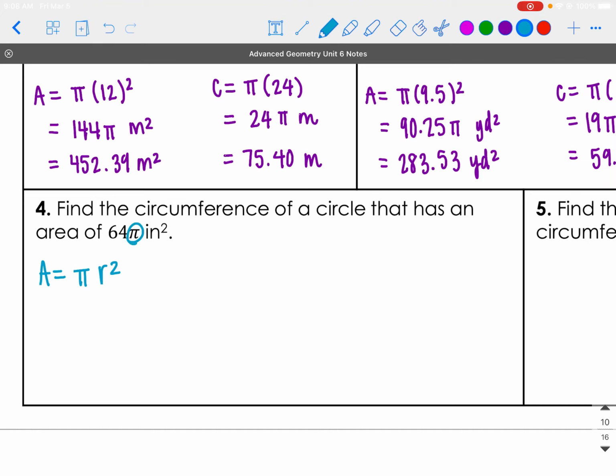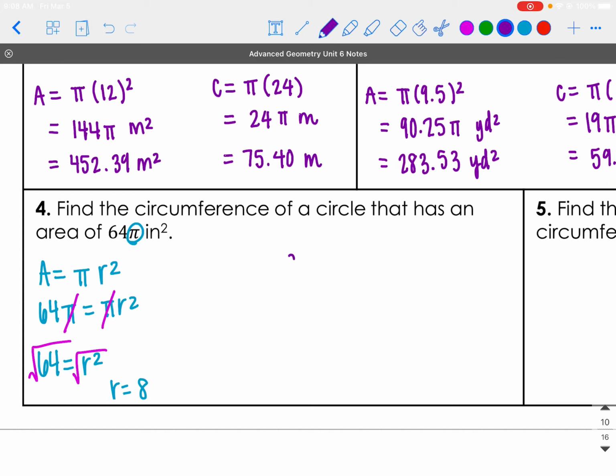So since pi was left in, I was given 64 pi, we can kind of just cancel out the pi's on both sides, telling us that 64 is r squared. So I need to take the square root, and that tells me that my radius is 8.